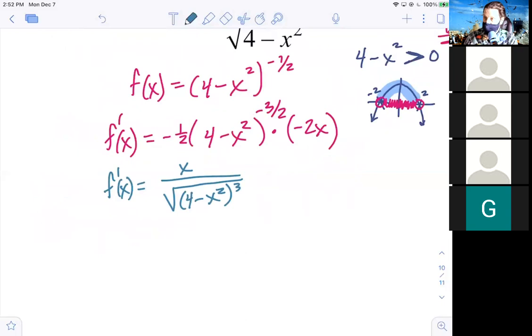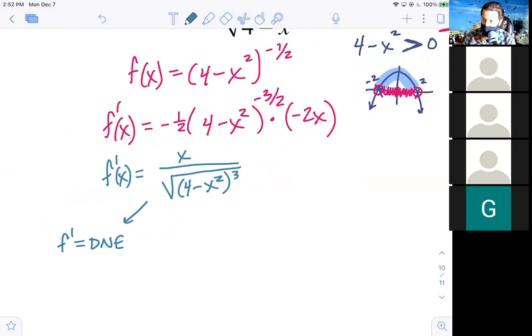So now I can find critical values. Let's see, where is f prime equal to DNE? Well, a single fraction is equal to DNE when the denominator is 0. What are the only values that make the denominator 0? 2 and -2. Are those critical values? They make the denominator 0 in the derivative.